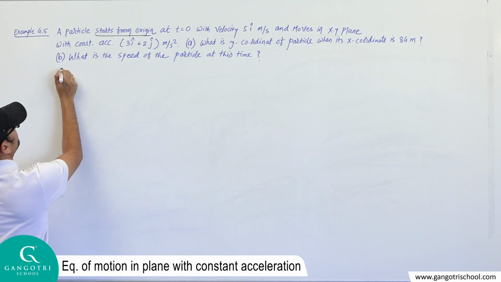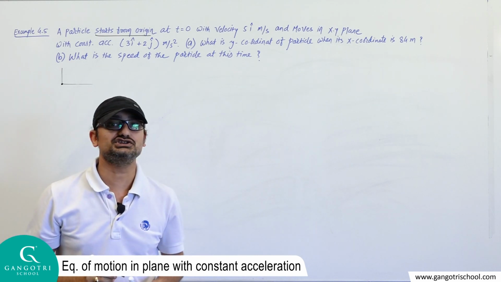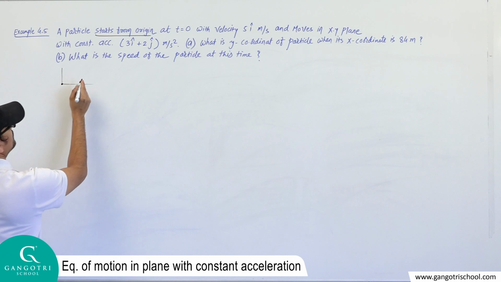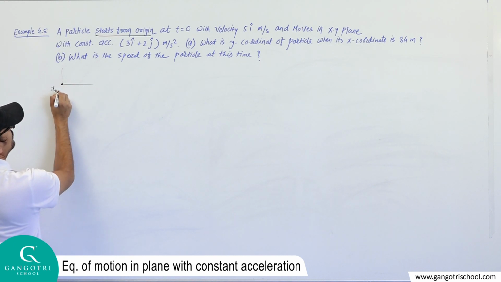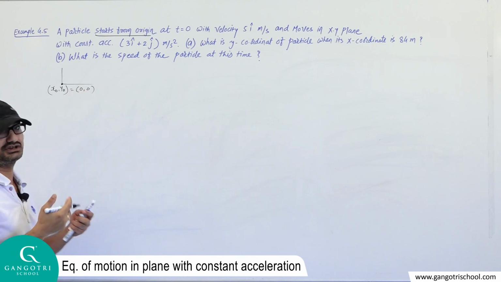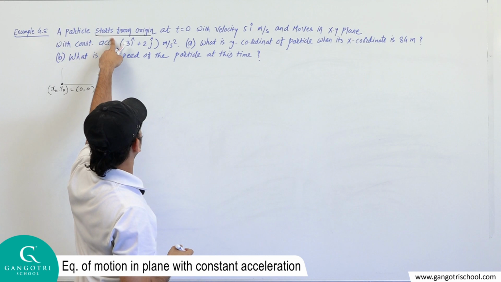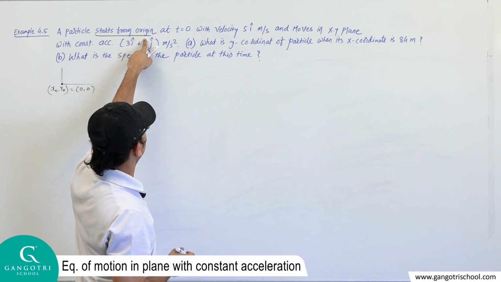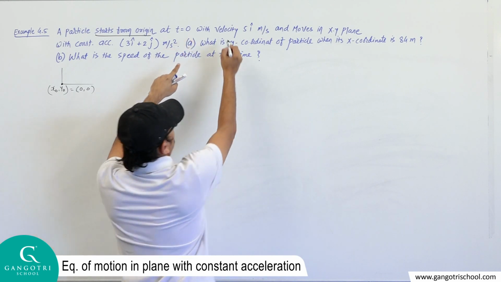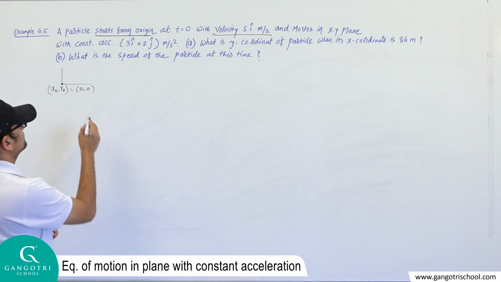And if the particle starts the motion from origin, it means the initial coordinates x0, y0 are 0, 0. So the particle starts the motion from the origin at t equals 0 with what velocity? That is the initial velocity, 5 i caret meter per second.